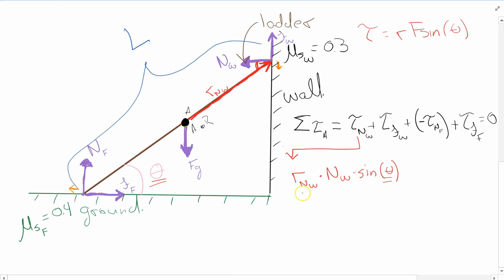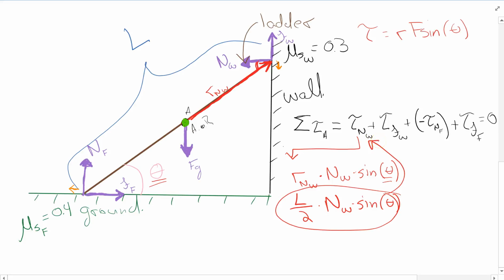So I could rewrite this as L over 2 times the normal force from the wall times sine of theta. Okay, and all of this would be that first torque term.